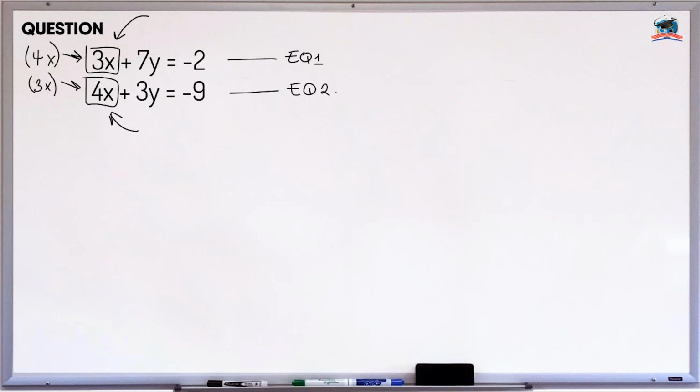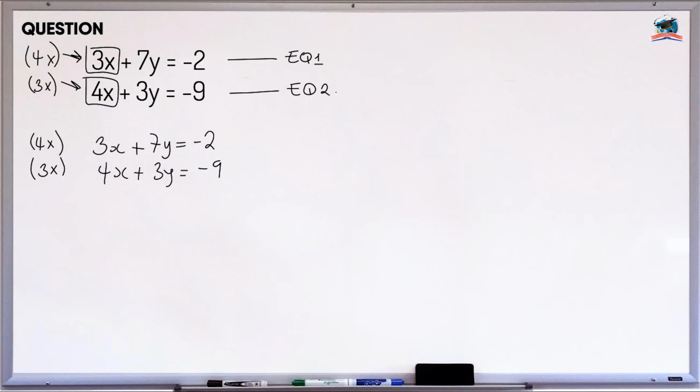Let's rewrite it. So this time we're going to have 3x plus 7y is equal to minus 2, and 4x plus 3y is equal to minus 9, and we've decided that we want to multiply this 4 times that, and here is going to be 3 times that.